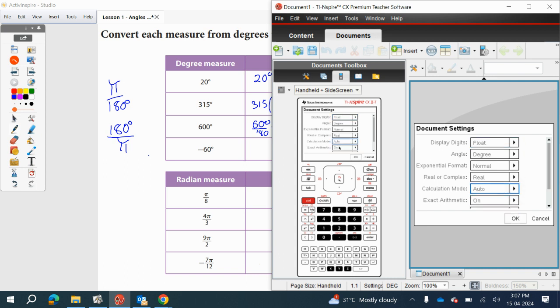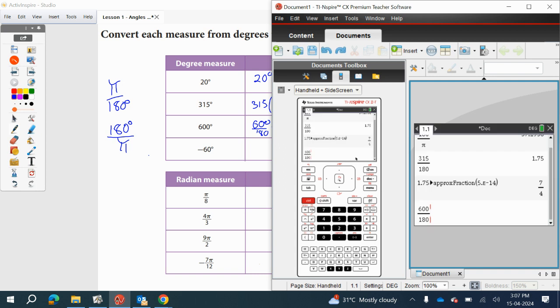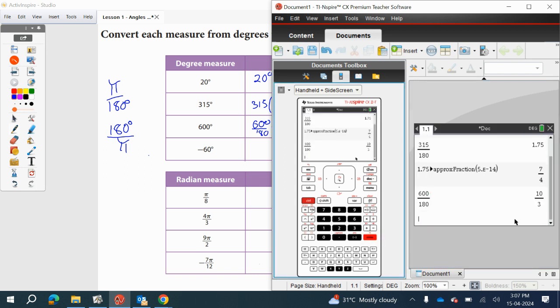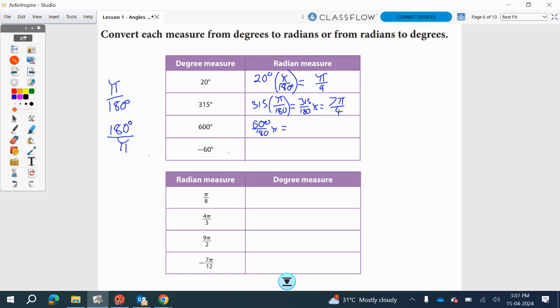I'll switch to auto, calculation mode, and exact arithmetic on. It should give me straight off 10 pi over 3. Next, minus 60, so that's going to be minus 60 over 180 pi. I'll do this one in my head. Those two cancel. That's minus pi over 3.